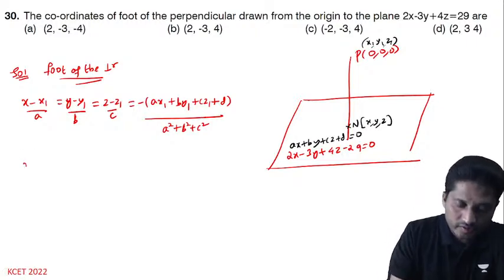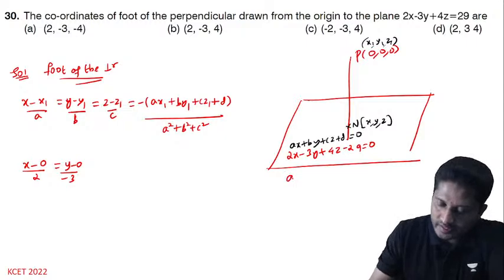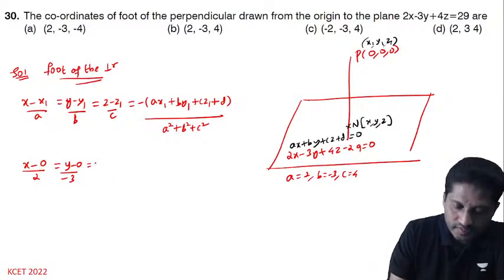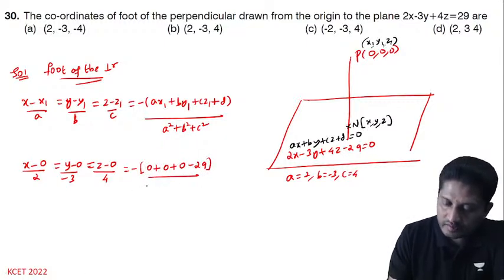Now if I substitute, x minus x1 divided by a, where a is equal to 2, b is equal to minus 3 and c is equal to 4, z minus z1 divided by c is 4, is equal to minus of x1 y1 z1 is 0, d will be equal to minus 29 divided by a square b square c square, 4 plus 9 plus 16.